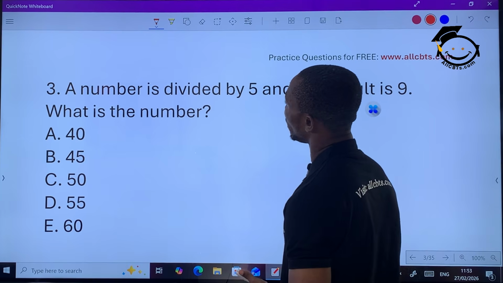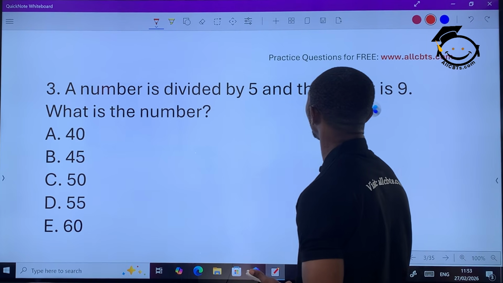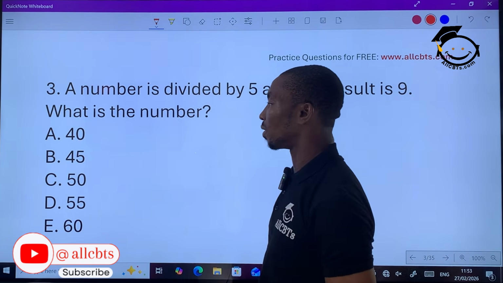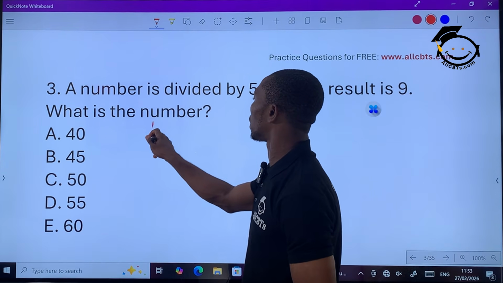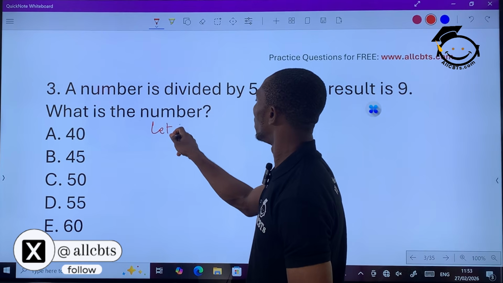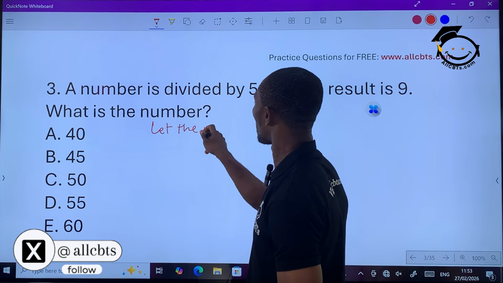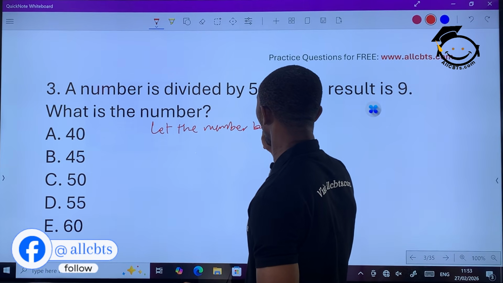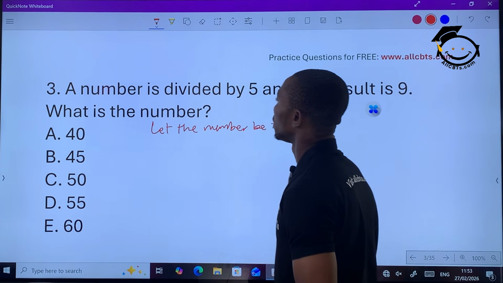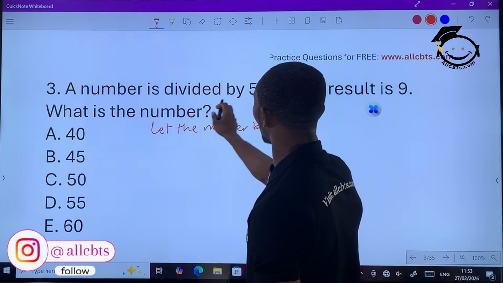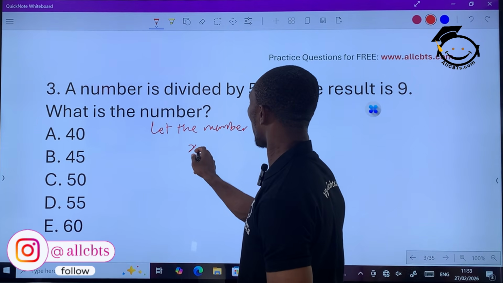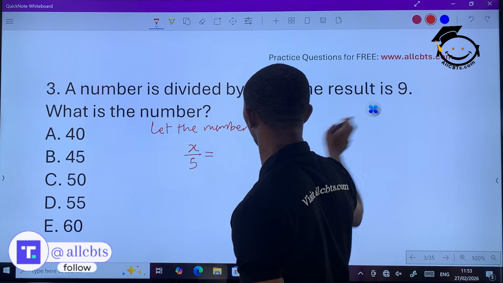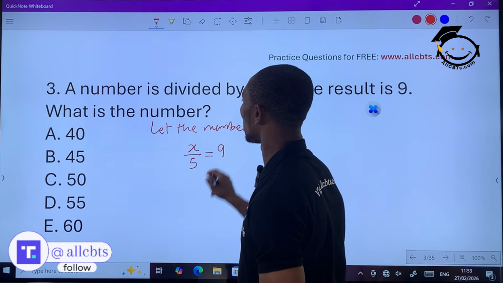A number is divided by 5 and the result is 9. What is the number? Now we'll start with let the number be x. If x is divided by 5, x divided by 5 gives us our result, which is 9.